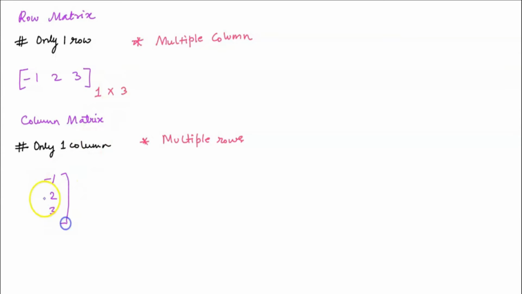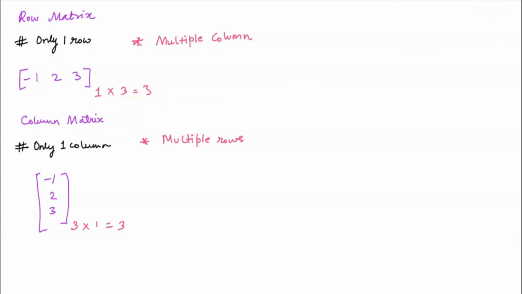Let me take an example and make you understand. -1, 2, 3. So this is a matrix. The number of rows is 3 and the number of columns is 1. So the elements we get is 3. Similarly, the elements we got for the row matrix is also 3.